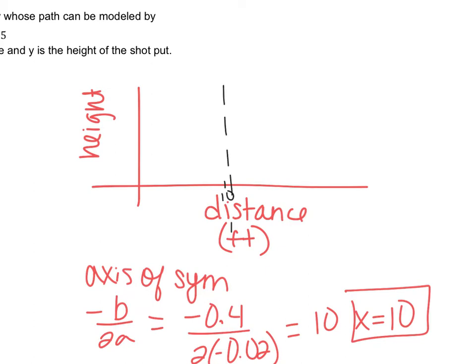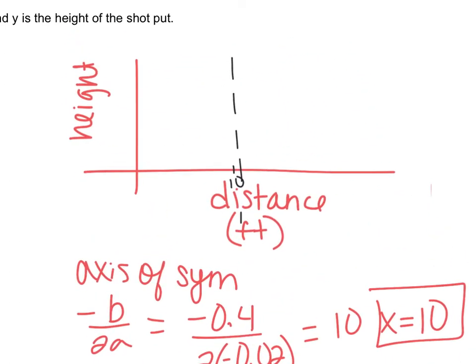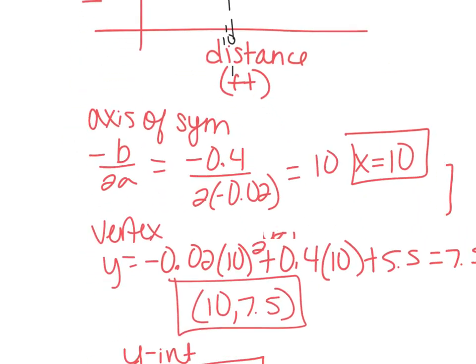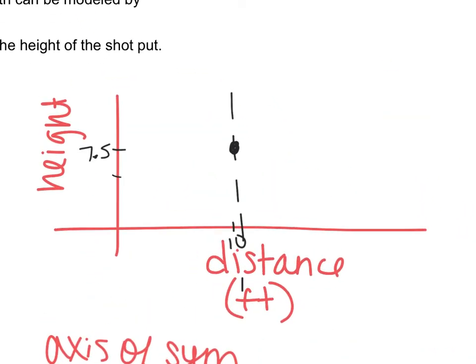And then our vertex is at, what was it, 10, 7.5? They didn't throw it very far. That's okay. 10, 7.5, which would be right there. And then our y-intercept is 5.5. Here's 5.5. Okay, so it looks something like this.